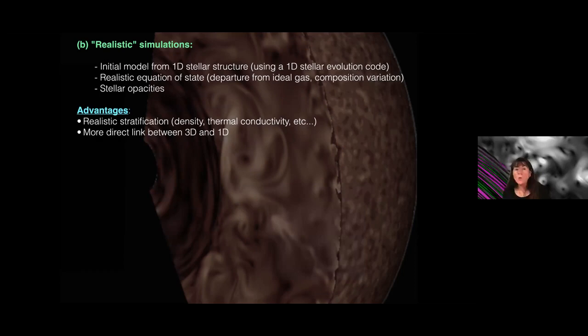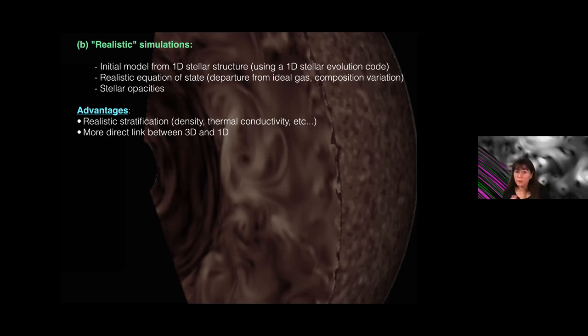Then you have what I call realistic, but realistic in quotes, simulations, meaning that you can use initial models which are derived from 1D realistic stellar structure, which are usually calculated from 1D stellar evolution codes, using realistic equations of state.